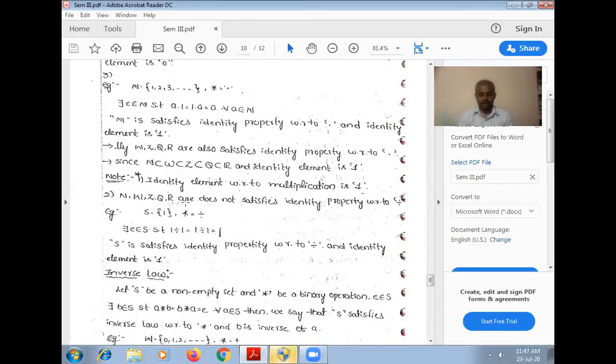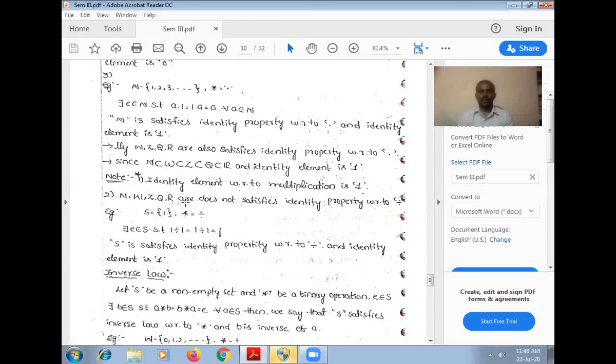So most important point here: identity element with respect to addition is 0, and identity element with respect to multiplication is 1. You can add any element with 0, we get the same element.